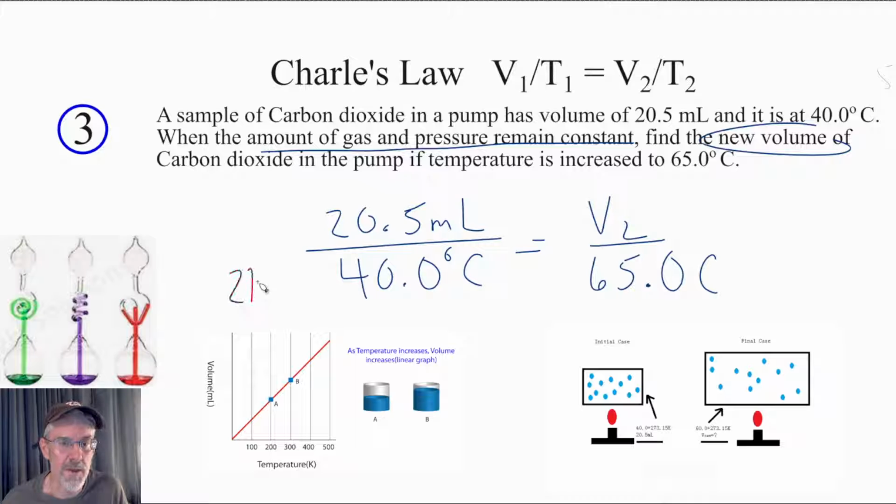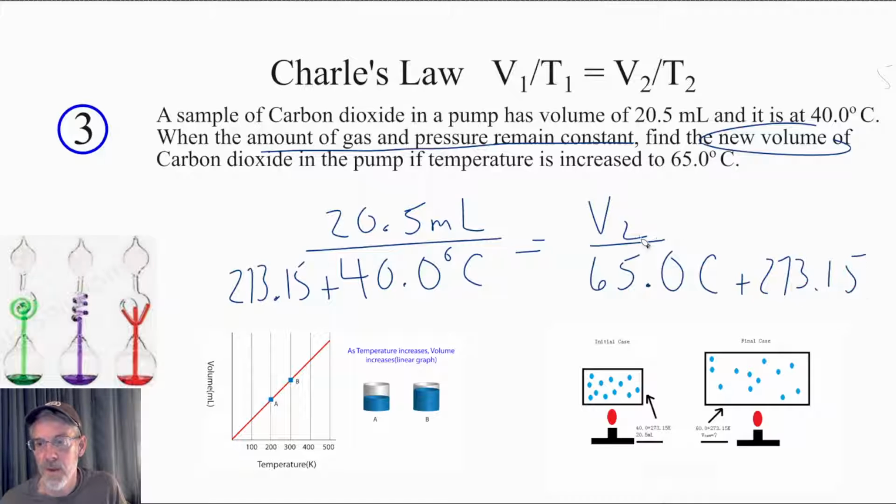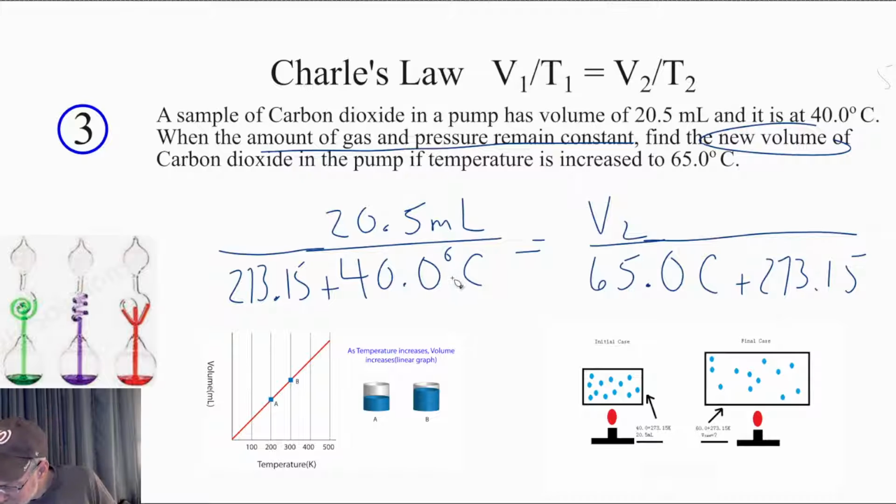So we could say 273.15 plus this number here. That would end up with having Kelvin in the bottom. We'll talk about Kelvin more later. When I did this without Kelvin, I did it in Celsius, I think.